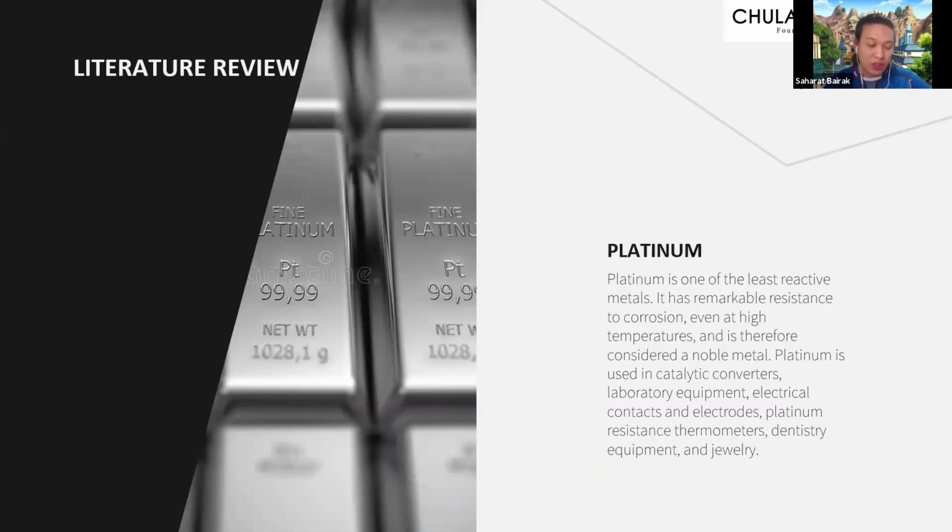Platinum has the property to resist corrosion and resist high temperature, and when used as a catalyst it has very good performance. Platinum is mostly used in catalytic converters, lab equipment, and electrical contacts or electrodes.